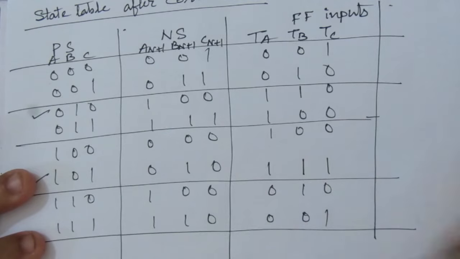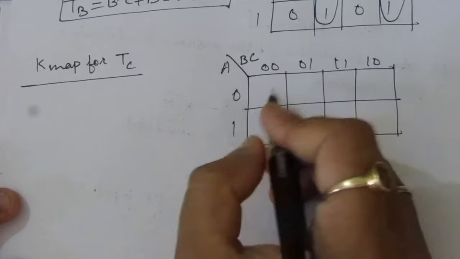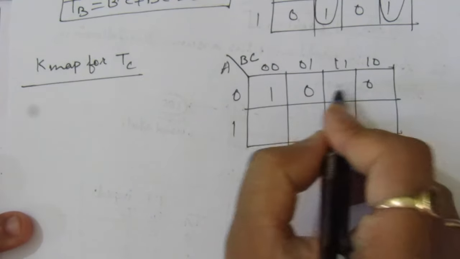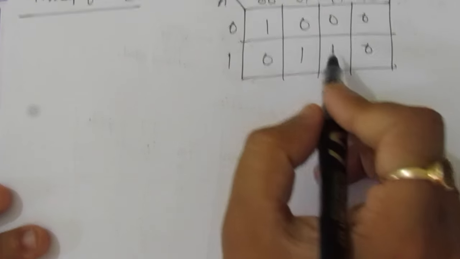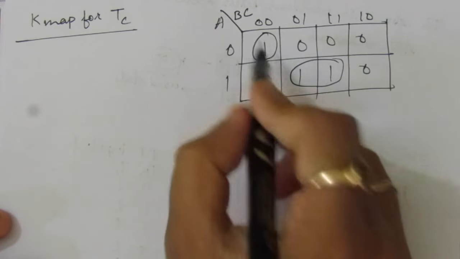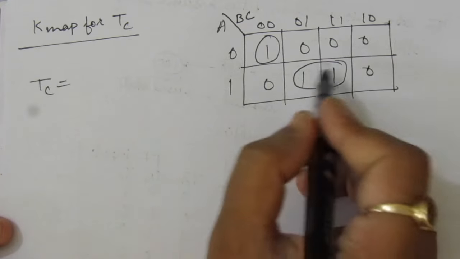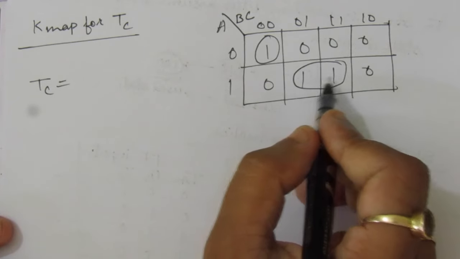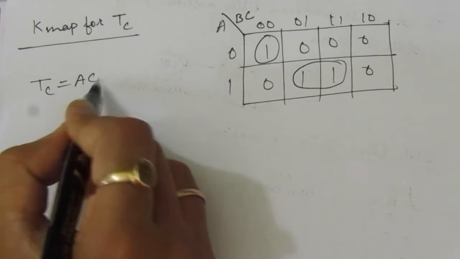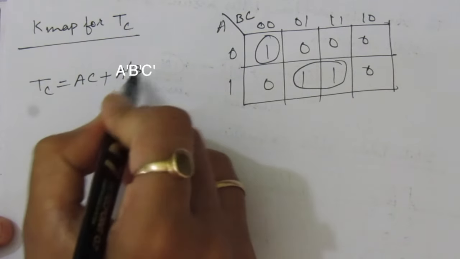So here we have 1 0 0 0, then 0 1 0 1, 1 0 0 0 0 1 0 1. Okay, so how we can combine? So this will be one combination and this one will be single combination. So TC is equal to, from this term we'll have AC plus from this term we'll have A bar B bar C bar.